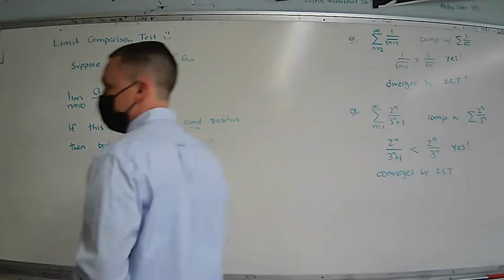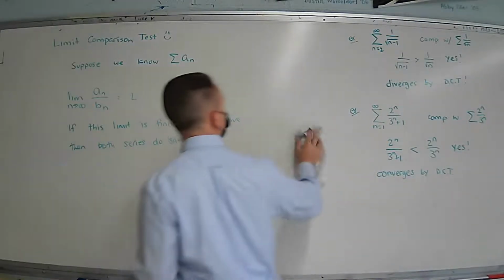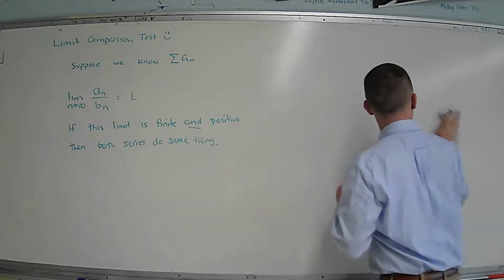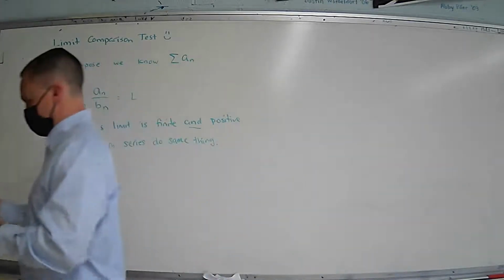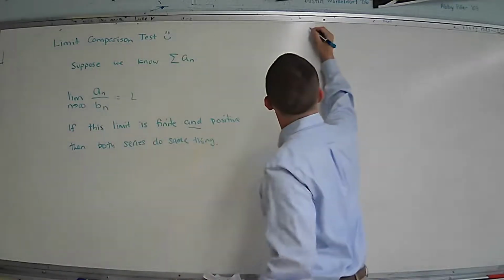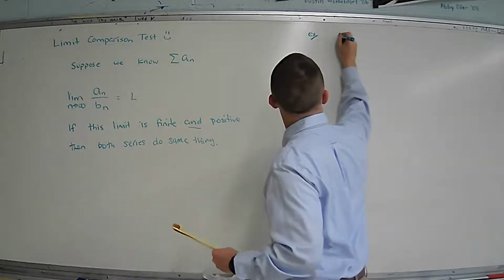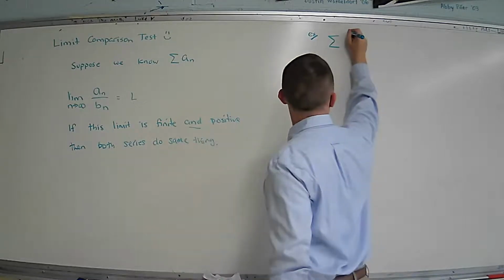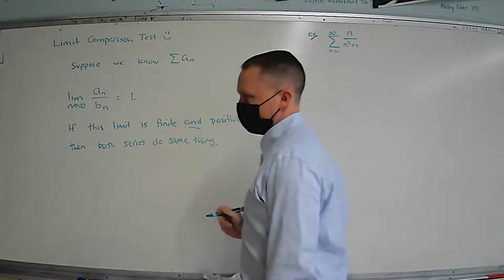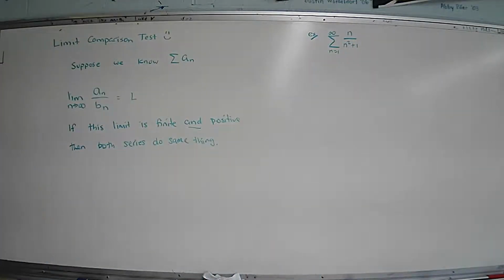So let's look at these examples just to see how that works. So we'll start off with an easy one. n over n squared plus 1. Now you might see here, if I was going to try to do a direct comparison test, it might be difficult to determine bigger and smaller.